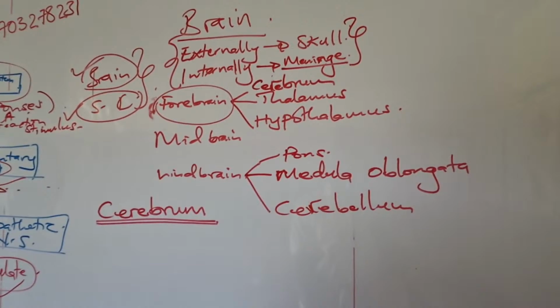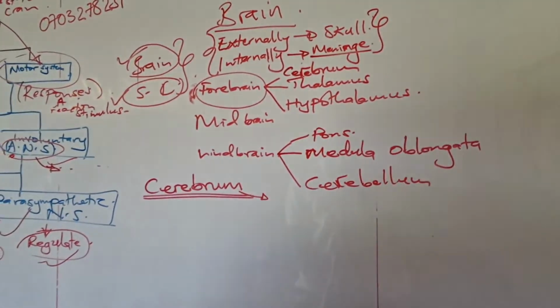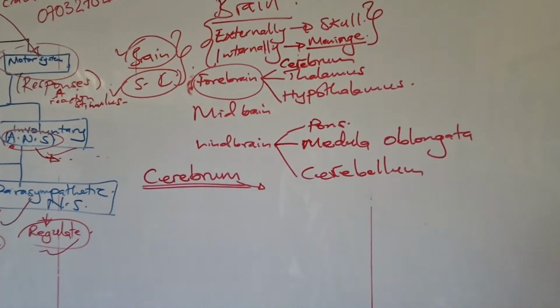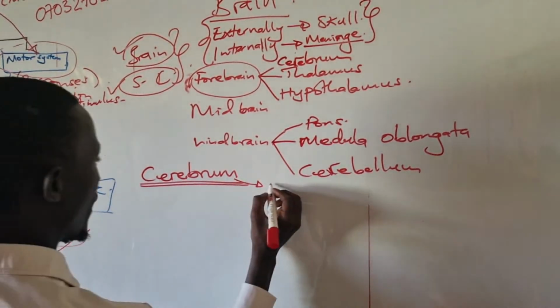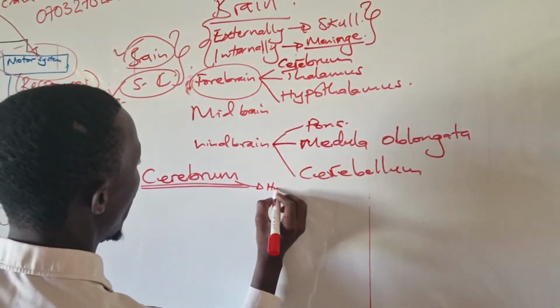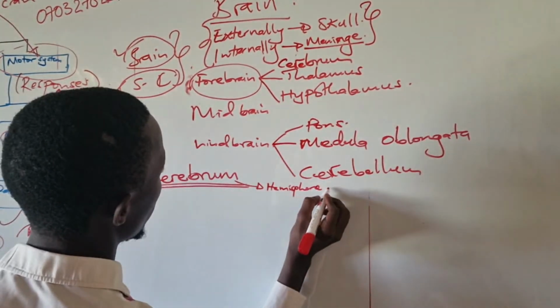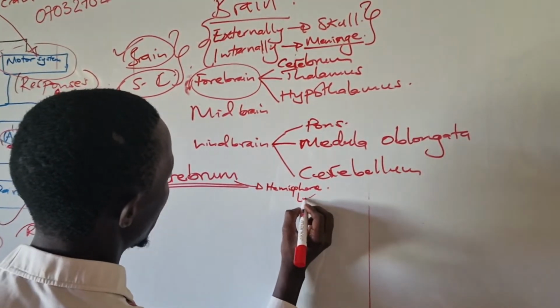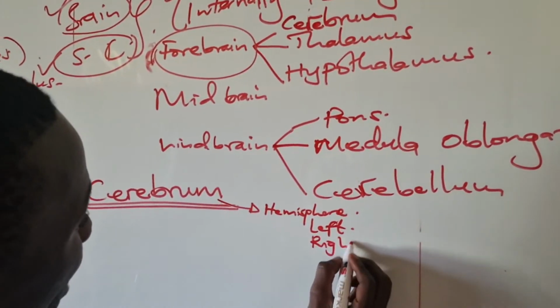The cerebrum is also known as the cerebral hemisphere. It is made up of two hemispheres, which are the left hemisphere and the right hemisphere.